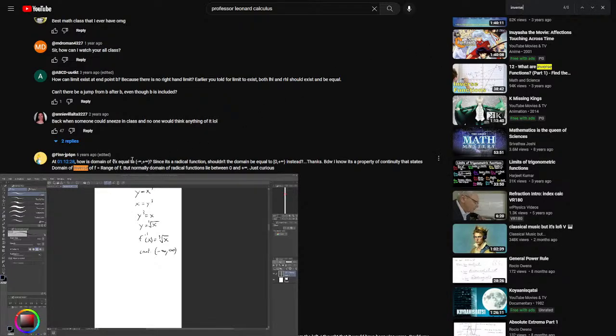Here's my question. How's the domain of the cube root of x equal to negative infinity, positive infinity? I don't think the domain can be negative infinity to positive infinity. Shouldn't it be 0 to positive infinity instead? The range would be all real numbers, so I'm pretty sure.